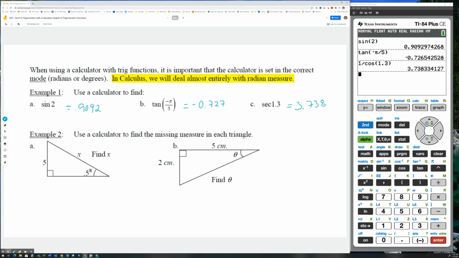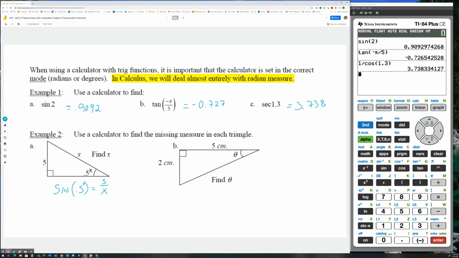In the trig functions, the one that deals with opposite and hypotenuse is sine. So we set up our equation that way: sine of 0.5, and we'll put the r up there so that we know it's radians, is equal to the ratio of opposite over hypotenuse, which is 5 divided by x.